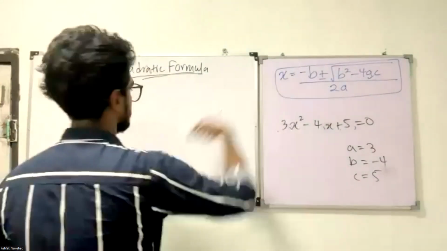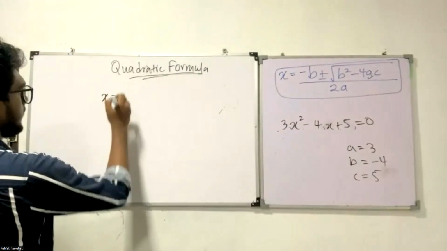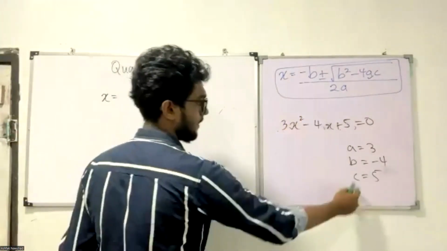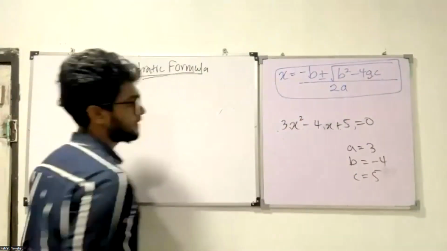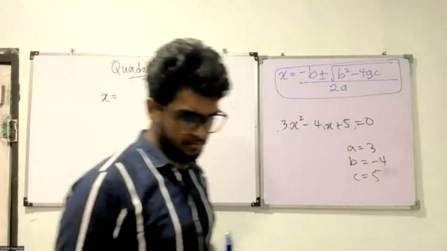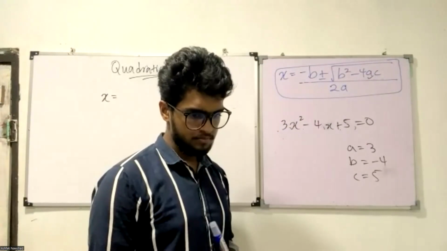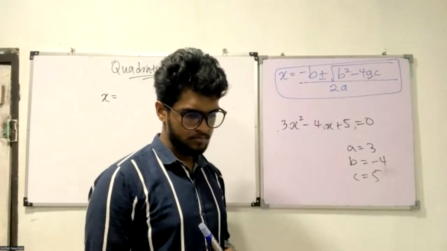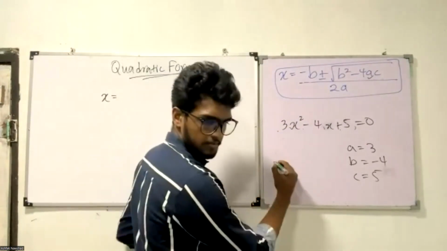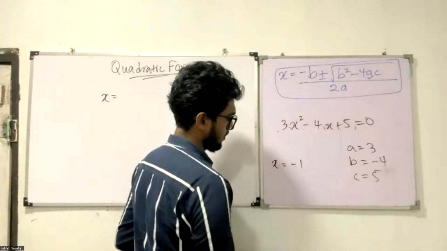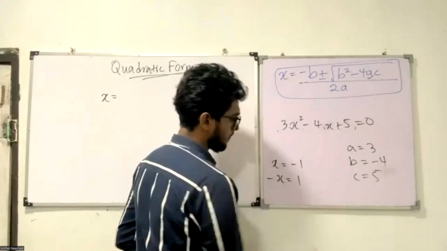So we can write x as minus B. If B is minus 4, what is minus B? Like if x is minus 1, then minus x is 1.